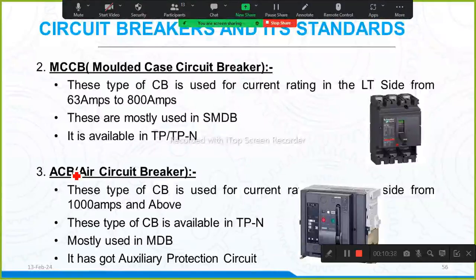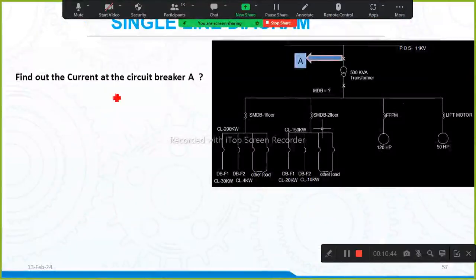Okay, any more questions? Okay, now guys, do the current calculation for this 500 kVA transformer, at point A and point B also. 500 is the kVA of the transformer.